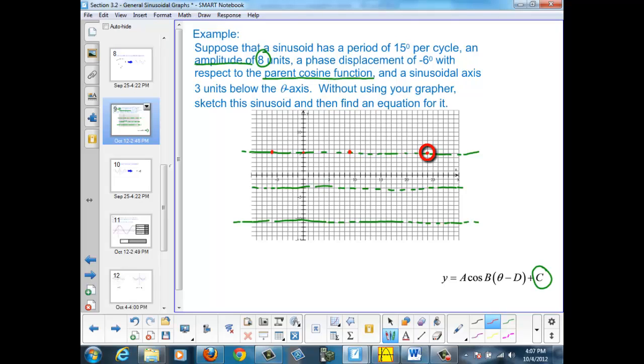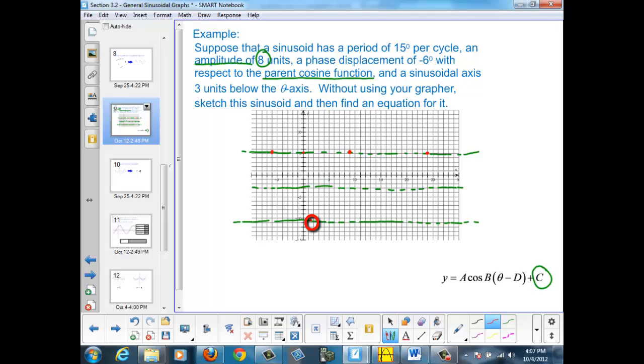From there, I can figure out my low points, which should be halfway between my high points. So halfway between -6 and 9 would be half of 15 degrees. So half of 15, 7.5. 7.5 plus -6 would put me at 1.5 degrees, which would put me right about here.